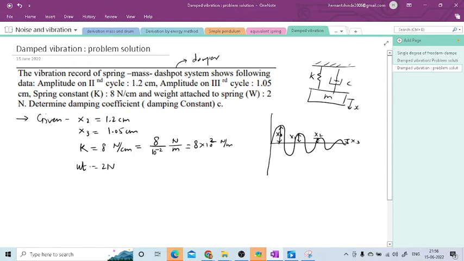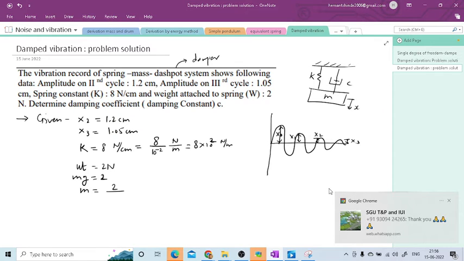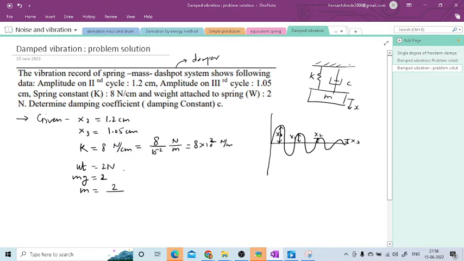Similarly, instead of mass, they have given the weight. So weight is nothing but mg. So mg is equal to 2 Newton. So divide by g on this side. So m is equal to 2 divided by g, which is 9.81. So the mass, I'll put in the calculator, comes out to be 0.203 kg.